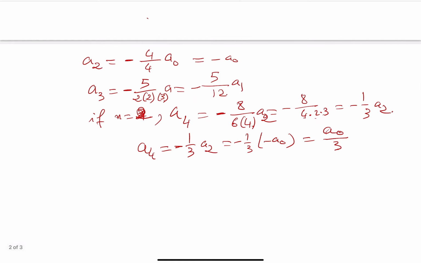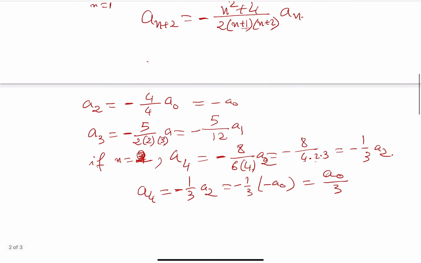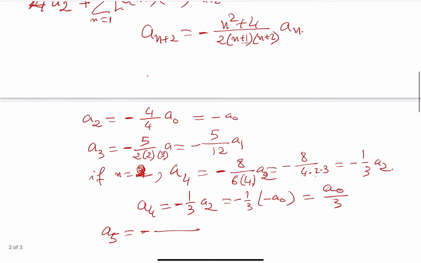Let's go ahead and try if n is equal to 3. So you have a5 equal to negative, and you have 3 squared is 9, 9 plus 4, and you have 2 times 4 times 5.